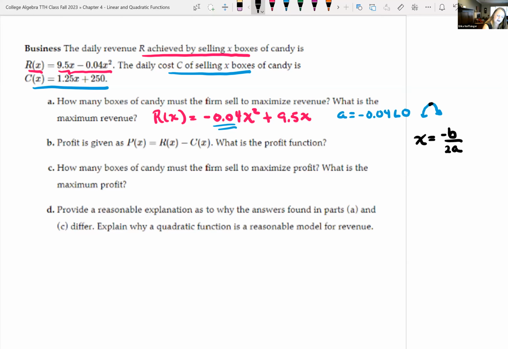Well, in this case, our a was this negative 0.04, and our b value here is 9.5. So x is going to equal negative of b, which is 9.5, all over 2 times a, which was negative 0.04.